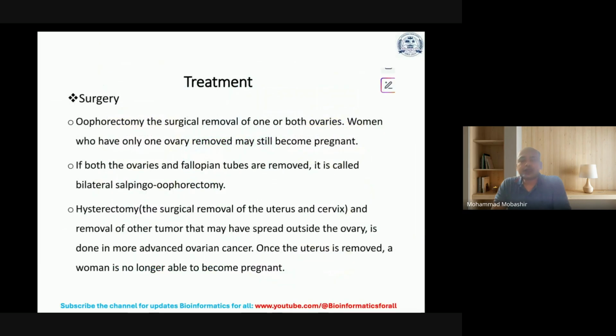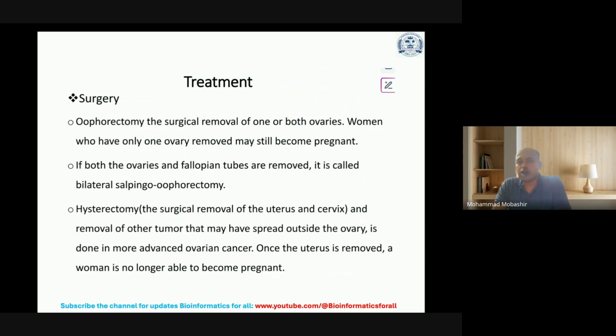Now, treatment: surgery is one of the alternatives, but there are certain conditions for surgery to succeed. That means at an early stage, but not at the highest stage or grade 4, where you are going to go for surgery, which may not help at all. So, oophorectomy is the surgical removal of one or both ovaries.